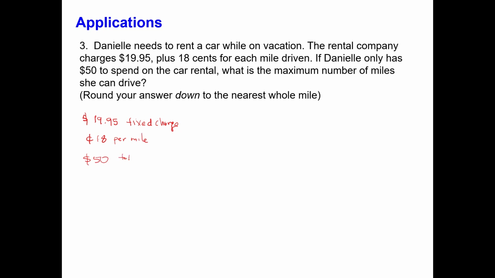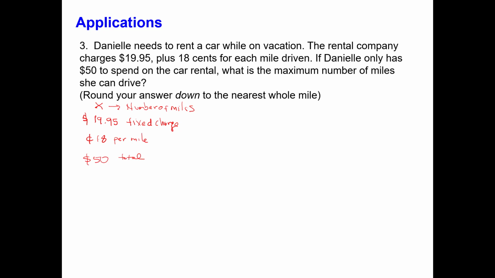This is the total. What is the maximum number of miles she can drive? Then the x in our case is the number of miles. This is what we want to find. This is the variable, x.